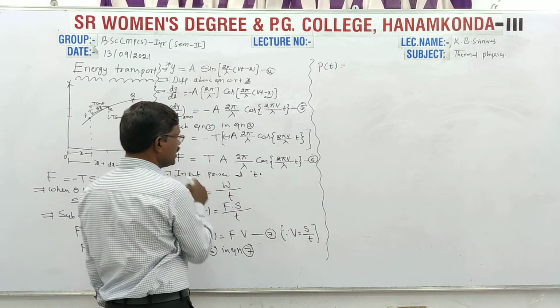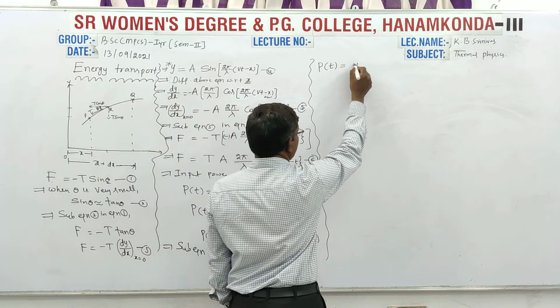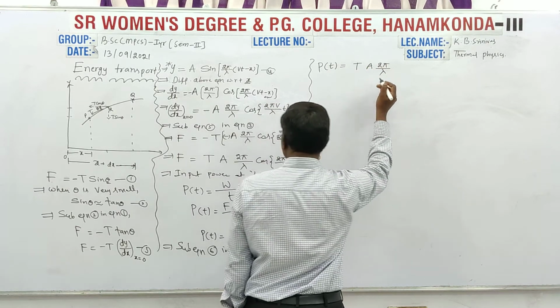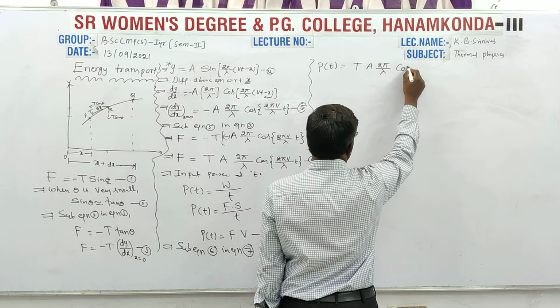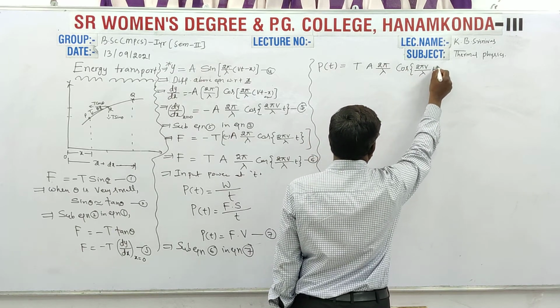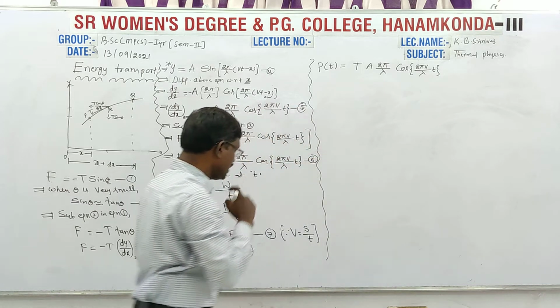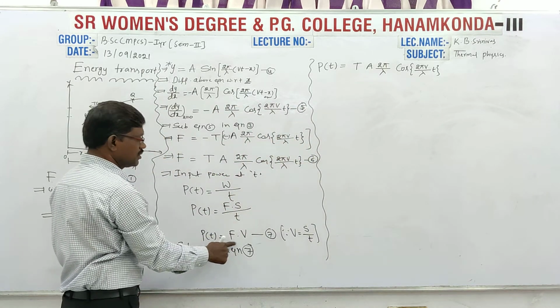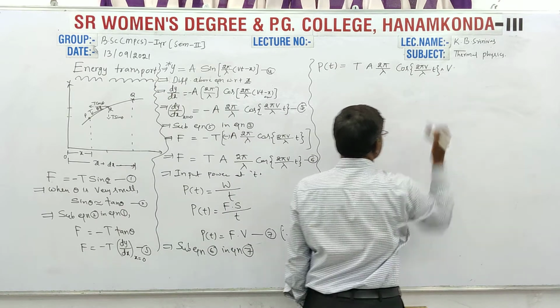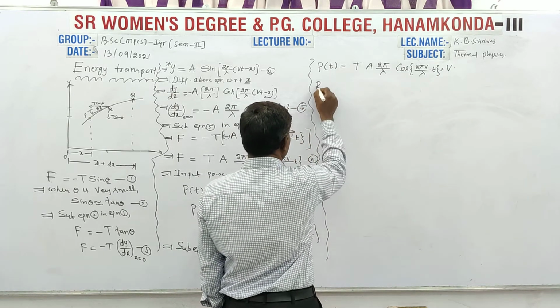This is the F value, T a 2 pi by lambda into cos of 2 pi v by lambda into t. Already I have substituted the F value. So here I am having v, velocity. See the expression carefully.